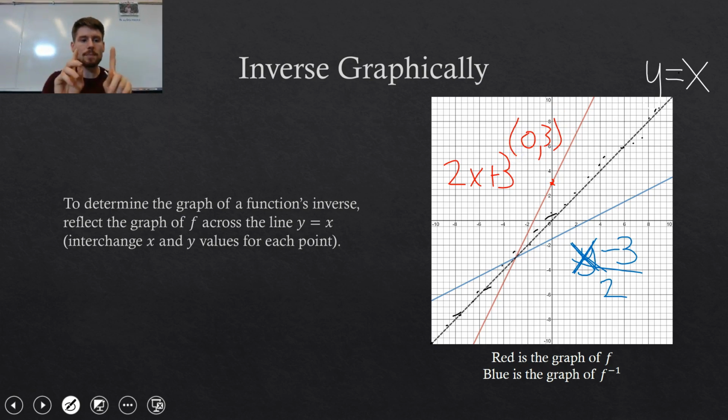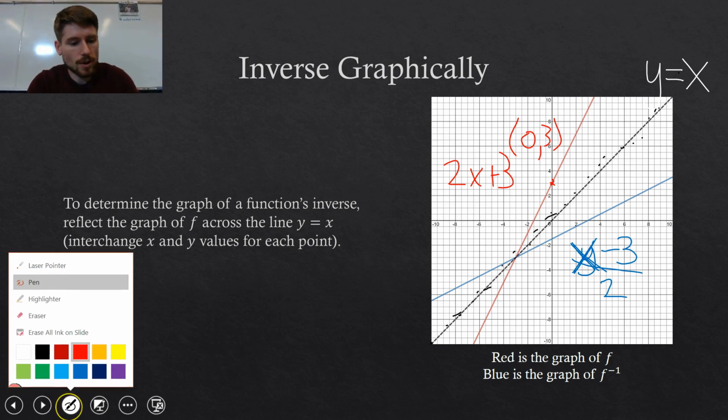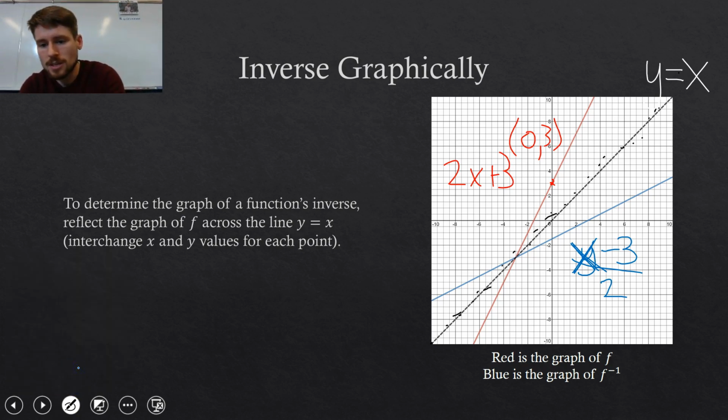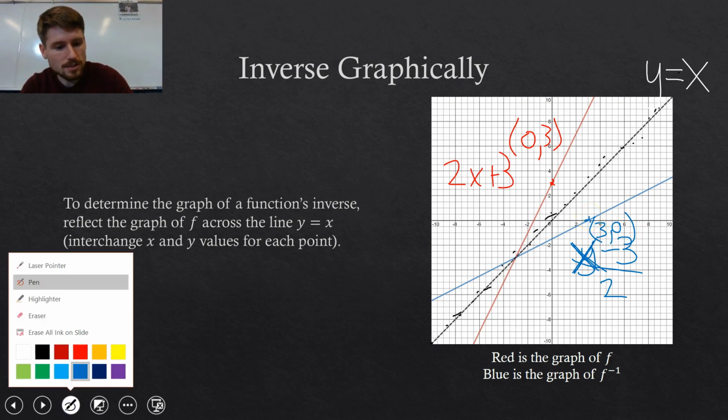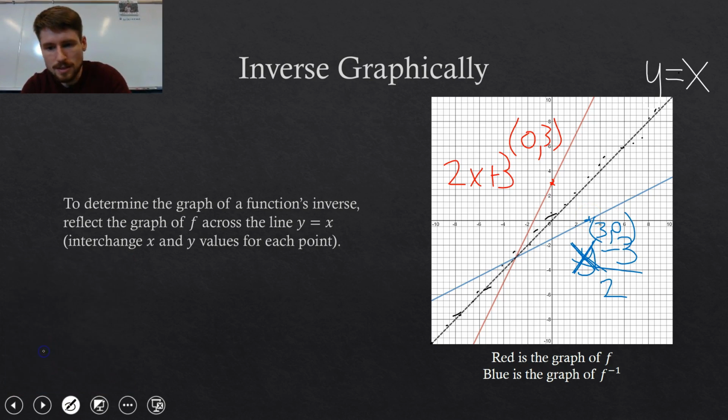If we swap the x and y values for (0, 3), that gives us the point on the blue graph, which is (3, 0). So (0, 3) reflected across the line y equals x and became the point (3, 0).